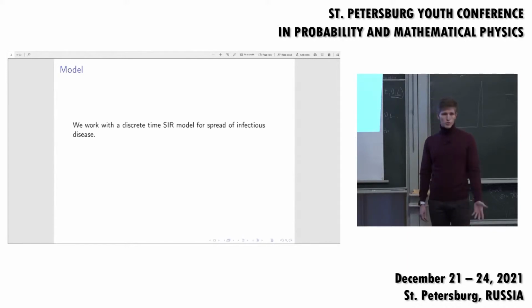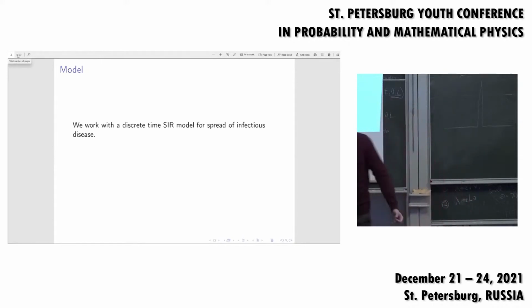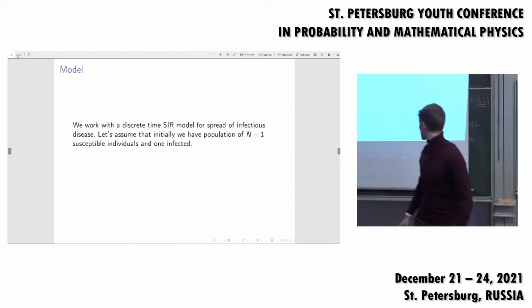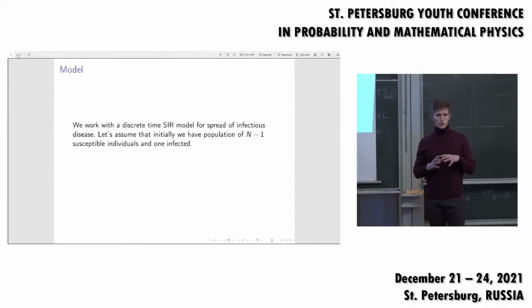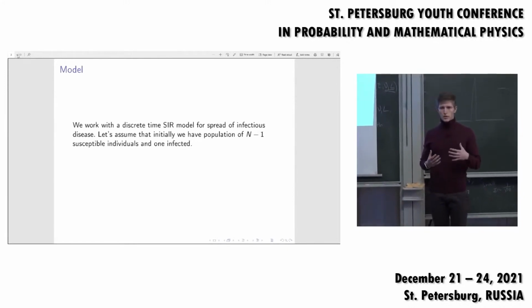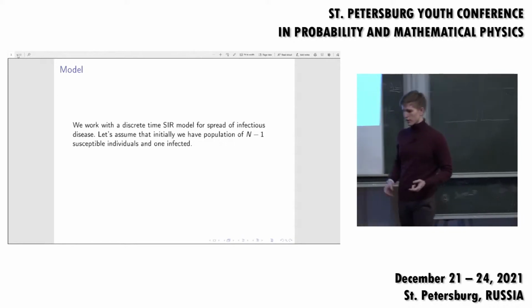These models are very popular in modeling disease spreading. We will have a population of n individuals. In the beginning of our process, only one individual will be infected.